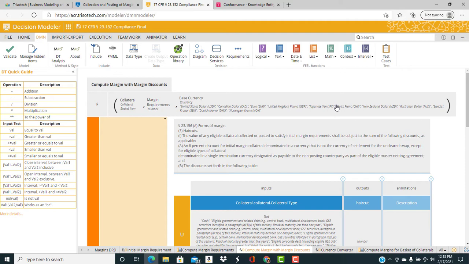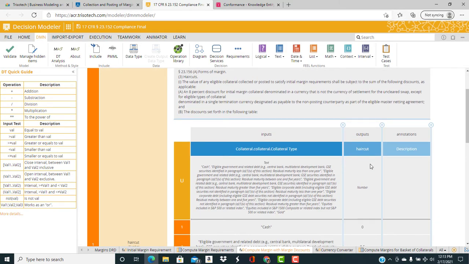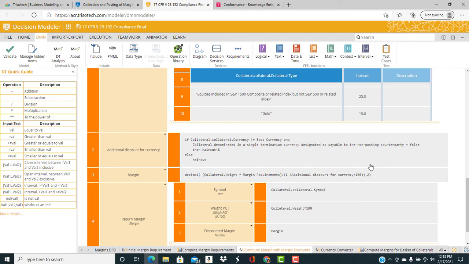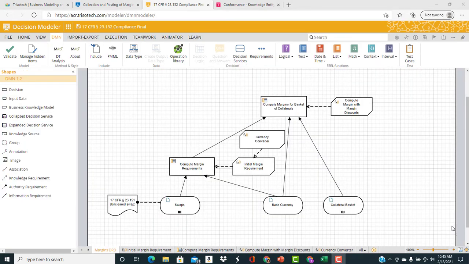And the first step we have here is the decision table that takes the collateral type and returns the haircut. The next step is the 8% discount where you've submitted collateral in a currency that's different than the base currency of the swap. And the next step after that is the formula that applies the haircut to the value of the collateral. So you can incorporate business rules and terms that you've created with the knowledge entity modeler into your decision models and workflow models.